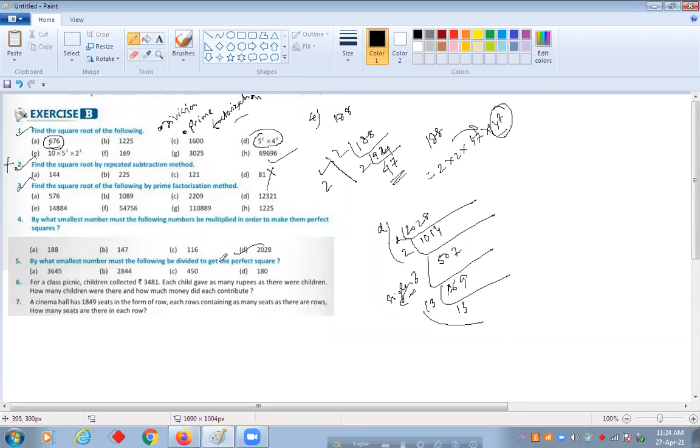Question number 5: by what smallest number must the following be divided? When they tell you by which number to multiply, you found that the number 3 is there alone. We need to multiply by 3 to make it a pair. You can just do the opposite also. Suppose you divide. What are the factors over here? The factors are 2 into 2 into 3 into 13 into 13.